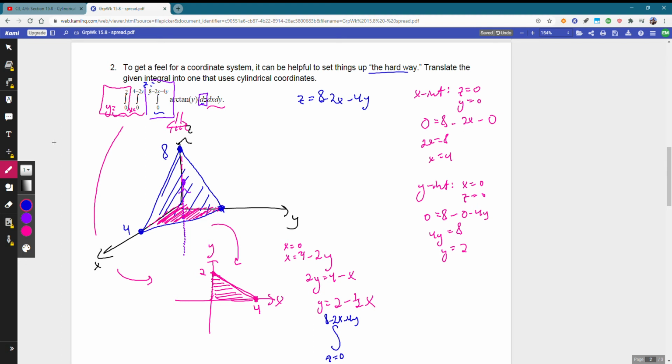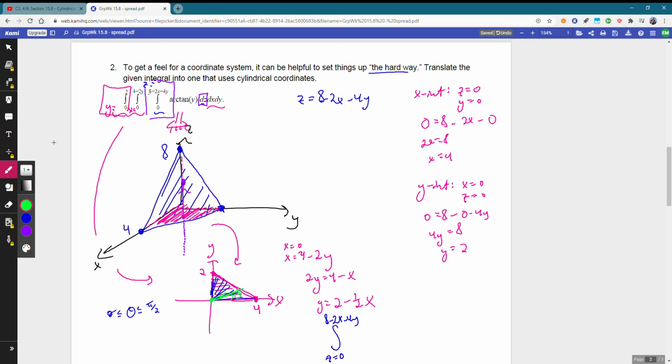Well, what angles are we using? Well, we're using angles from 0 up to pi over 2. But notice, depending on what angle we choose, we always want to start r at 0 to get the origin.